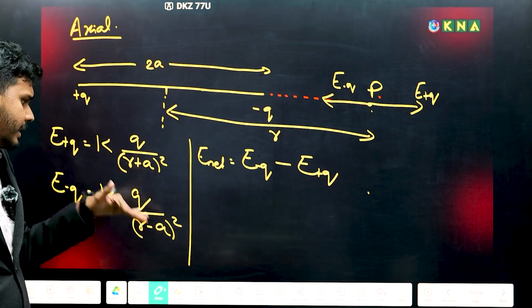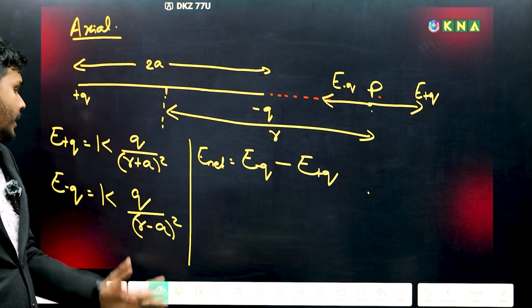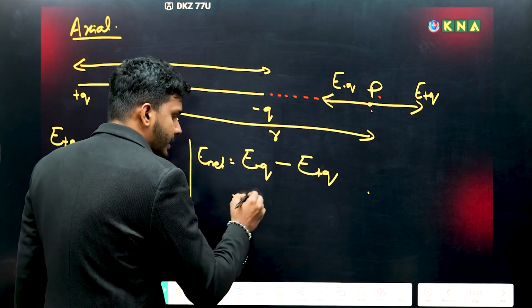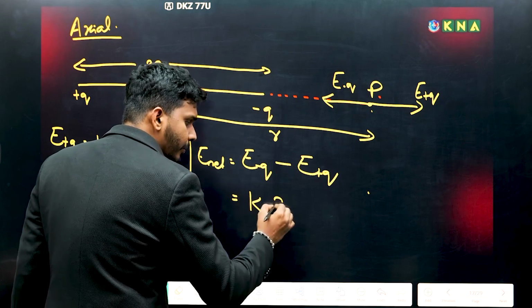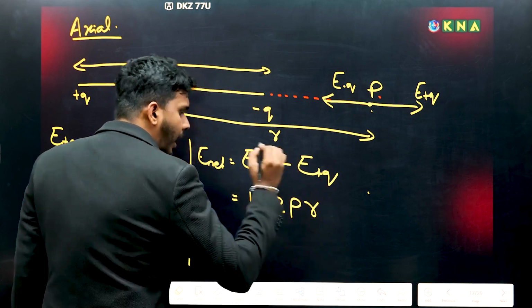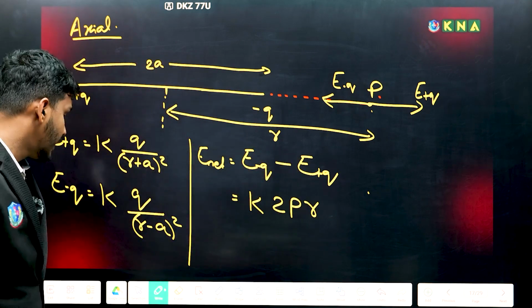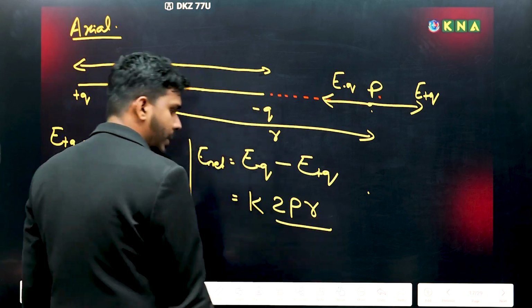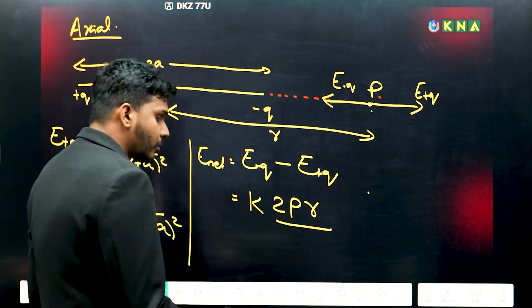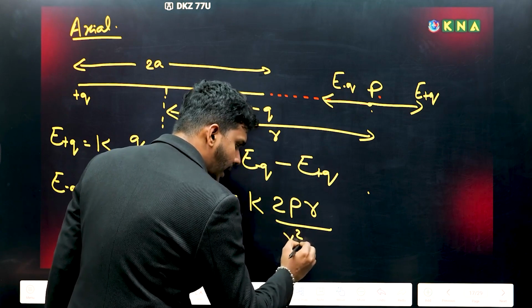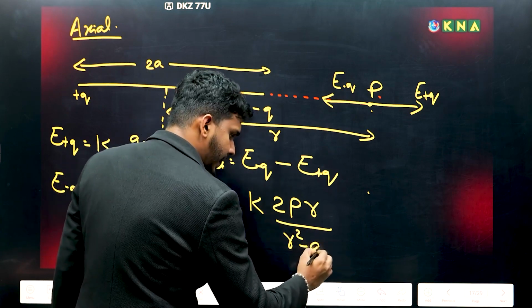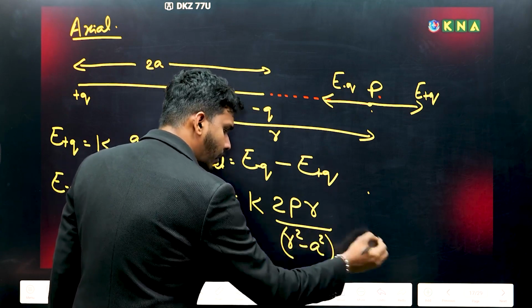If you subtract, you will get the answer K into 2PR divided by R square minus A square the whole square.